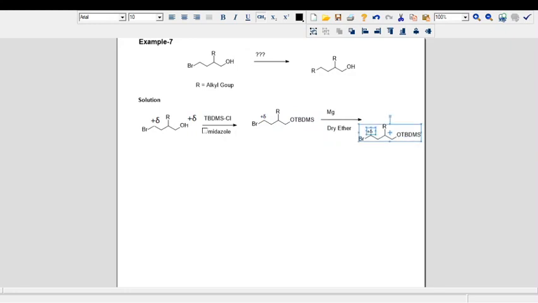Here, in this case, this is not now Br, it is MgBr. So magnesium is inserted in the carbon bromine bond. So we have got the formation of a Grignard reagent here.